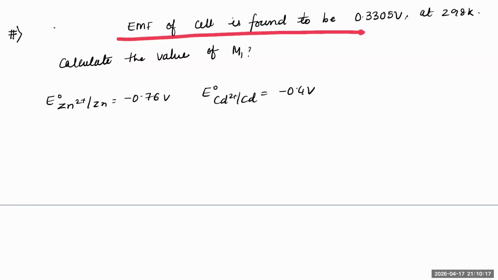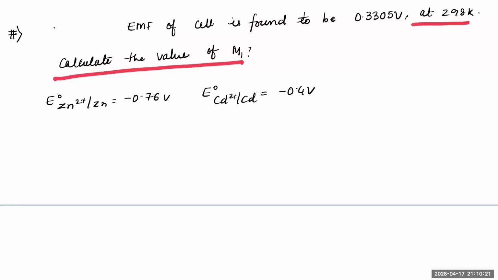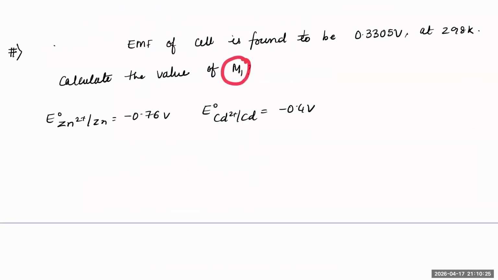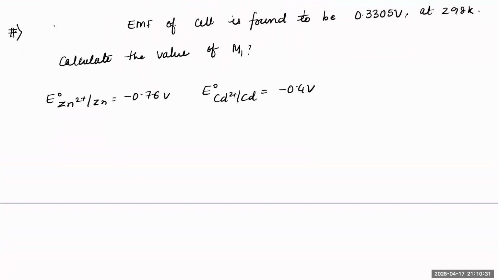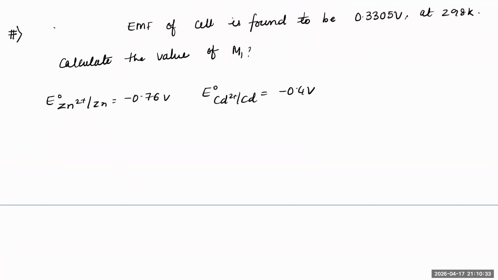It says that the EMF of the cell is given as this much at 298 kelvins. Calculate the value of M1. So basically the cell was given. I'll just write down the cell, how it was given.